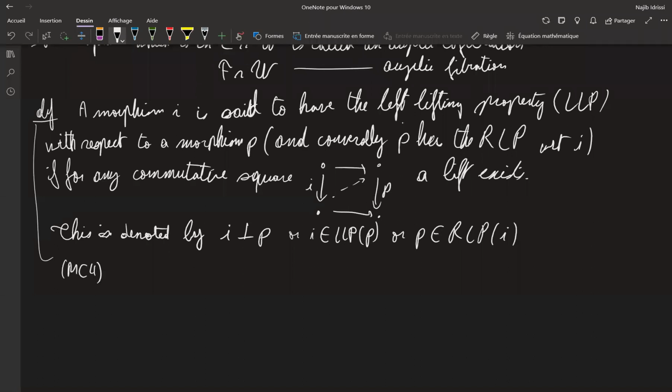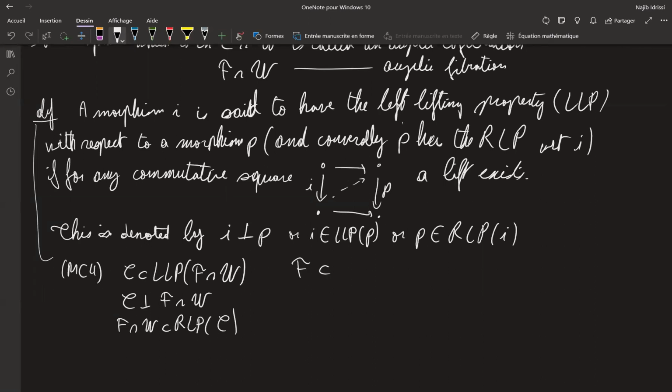For example, axiom MC4 tells you that C is included in LLP of F cap W, and that C is orthogonal to F cap W, or that F cap W is included in RLP of C, and also that F is included in RLP of C cap W, or that C cap W is orthogonal to F, or that C cap W is included in LLP of F. Sorry, I'm writing the same thing here.